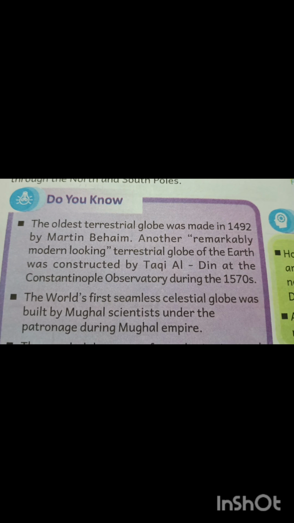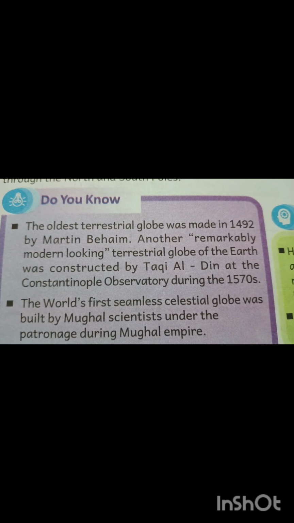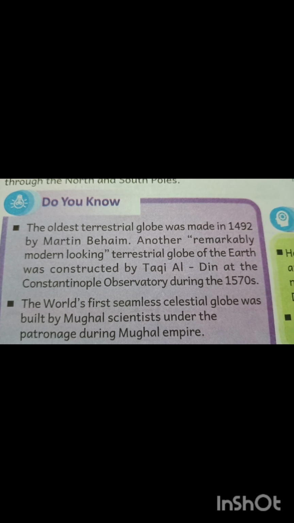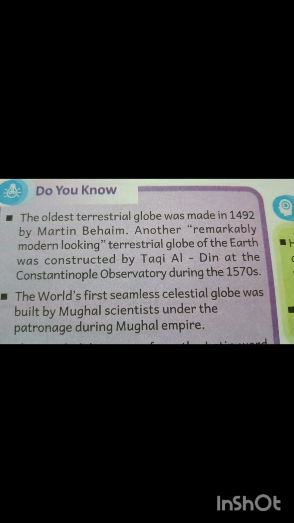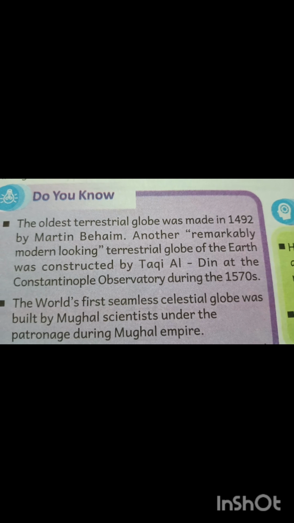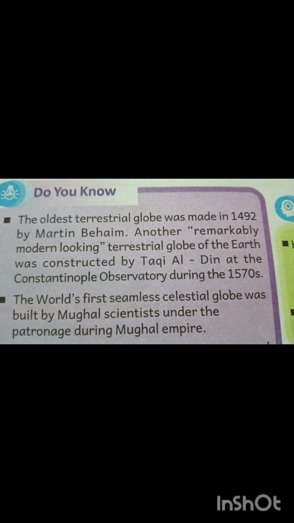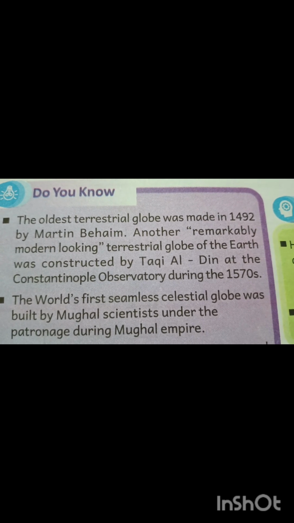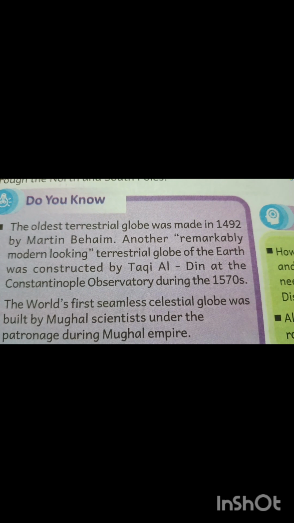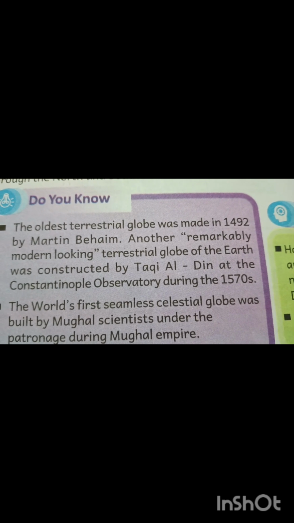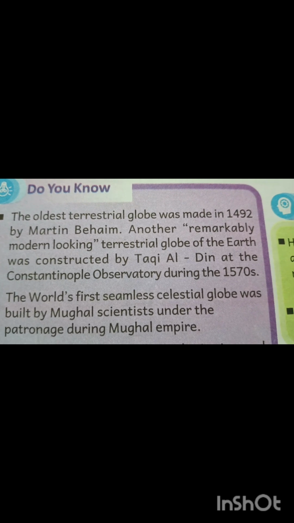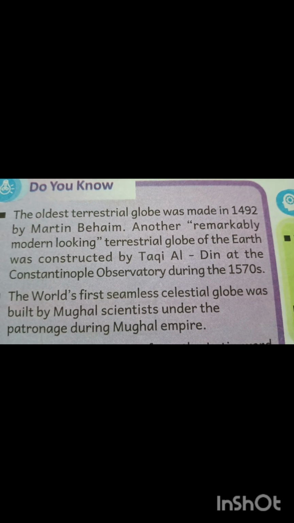Do you know the oldest terrestrial globe was made in 1492 by Martin Behaim? Another remarkably modern looking terrestrial globe of the earth was constructed by Taqi al-Din at the Constantinople Observatory during the 1570s.